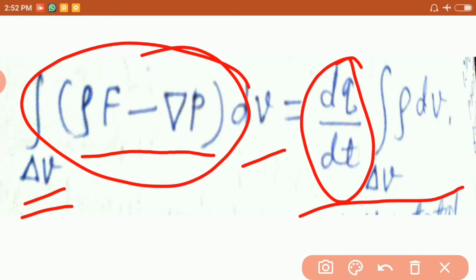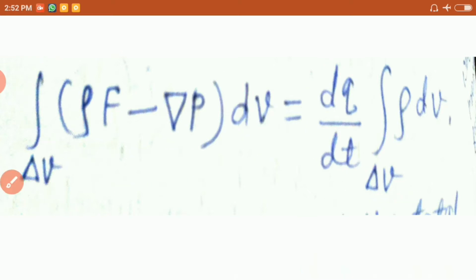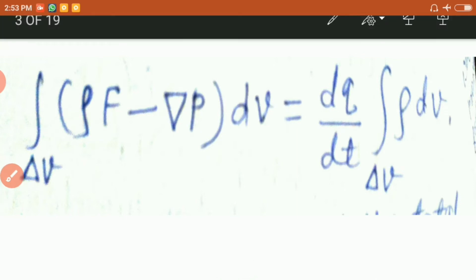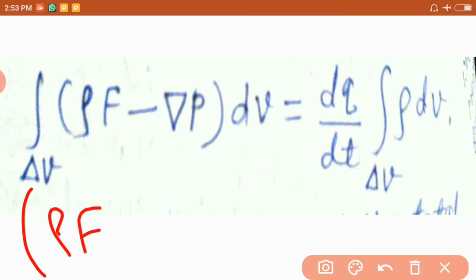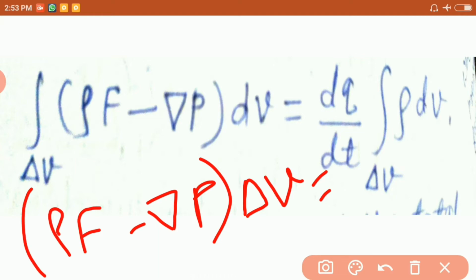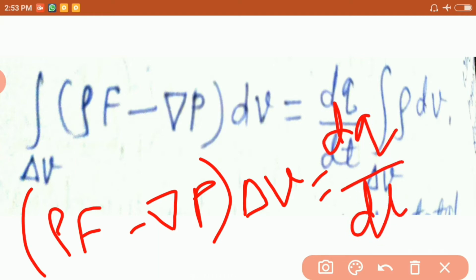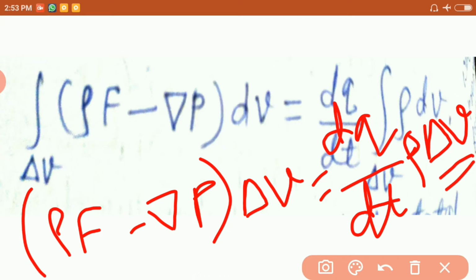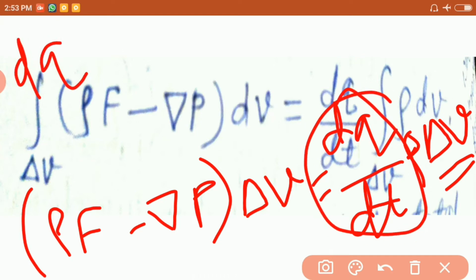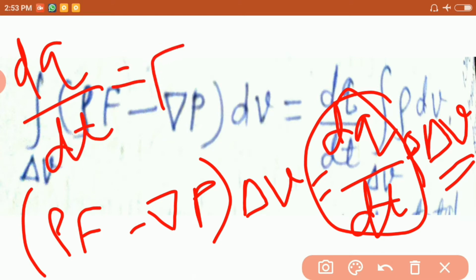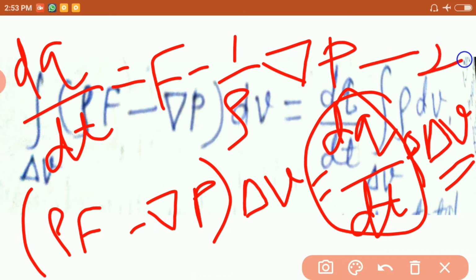To the first order, this equation approximates to (rho F minus del P) delta V equal to dq by dt rho delta V, and therefore in the limit as delta V tends to 0, we obtain dq by dt equal to F minus 1 by rho del P. Suppose this is the first equation.